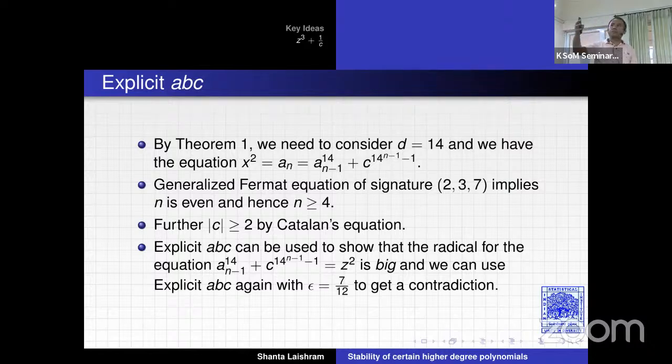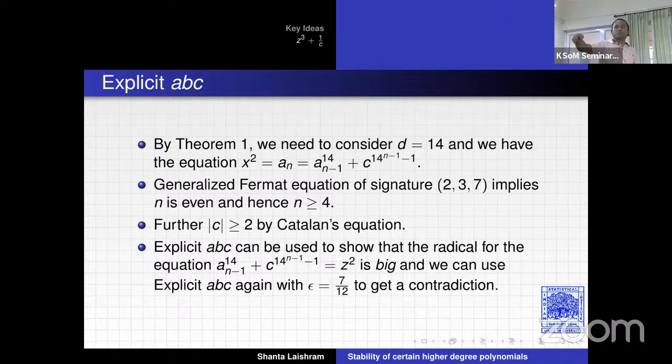So I can assume that n is even and n is at least 4. And by using Catalan's equation, we can also assume that c is at least 2. But then the explicit ABC with c less than n to the power 1 + 3/4 doesn't work here, so we have to do something more.